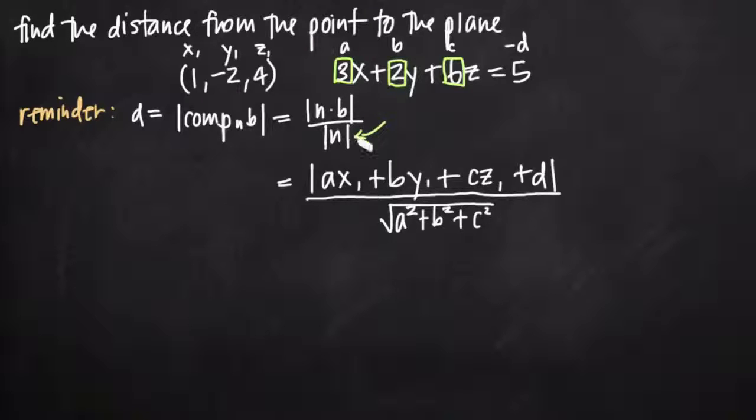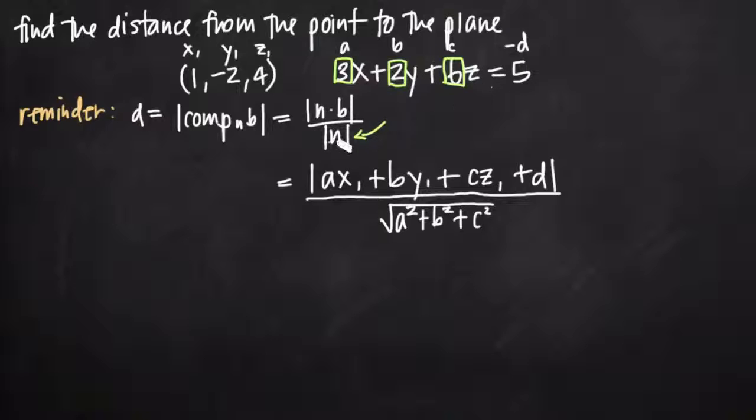Remember, we find the magnitude with the distance formula, where we square each of the components in our normal vector. And the normal vector we get just by taking the coefficients on x, y, and z. So looking at the equation of this plane, we know that the normal vector is the vector (3, 2, 6).